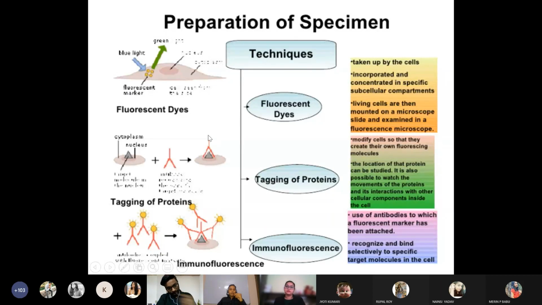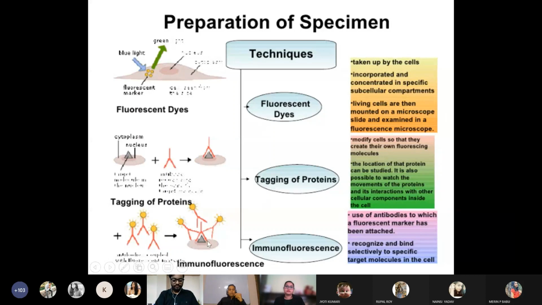This antibody is targeted by an antibody, and this antibody is labeled by a fluorescent tag. It may be a primary antibody tagged by the fluorescent tag, or it may be a secondary antibody, depending on the kind of experiment you are performing.